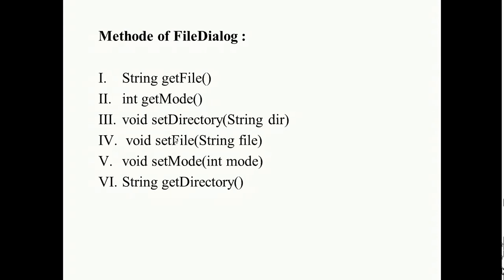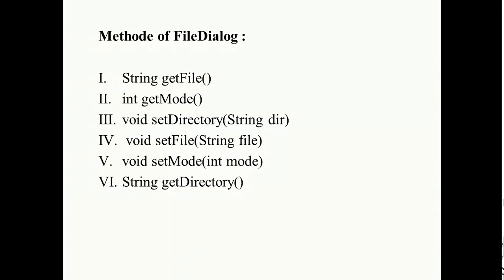The fourth method is void setFile. The parameter is string file. The setFile method sets the selected file for the dialog window to the specified file. So the setFile method is used to set a file to the specified file that is assigned in a string file as a parameter.